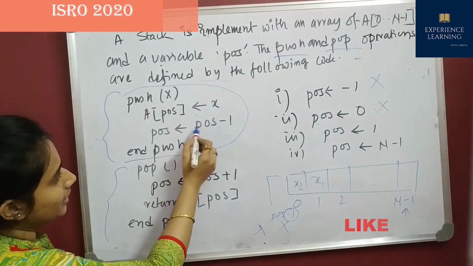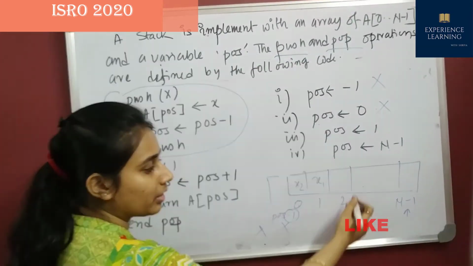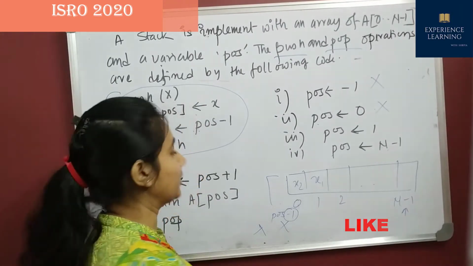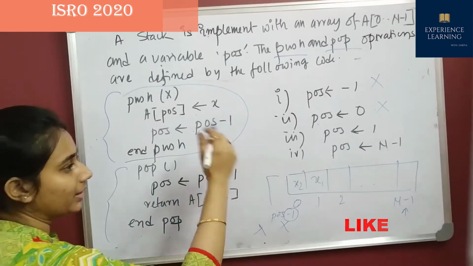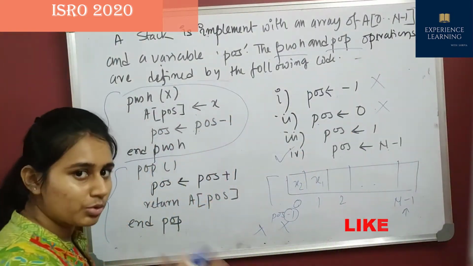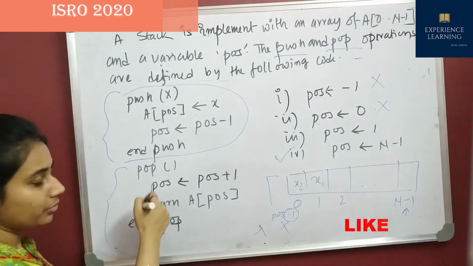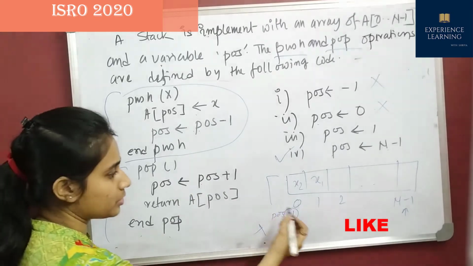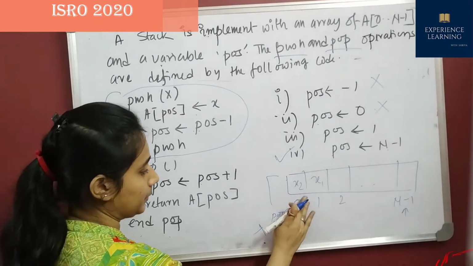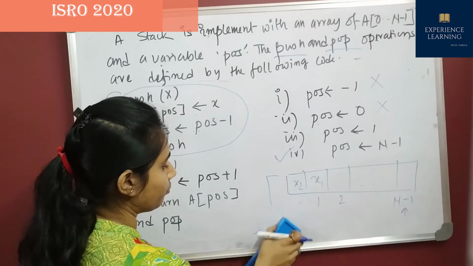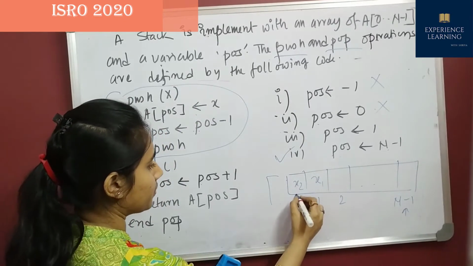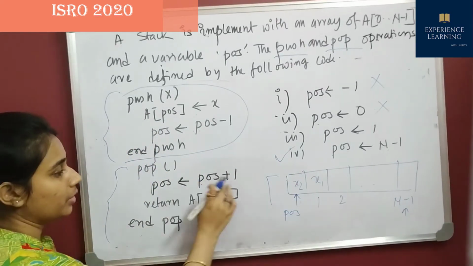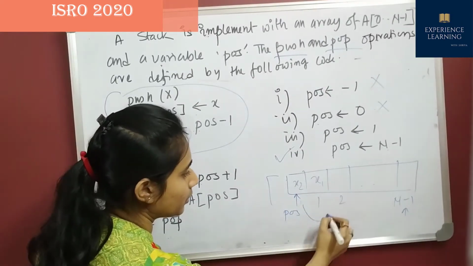Now you can see that with decrement, we are actually able to access the entire array, isn't it? So we decided this from the push operation, but you can still verify it from the pop. Here it is pop, pos plus 1. If you are going to delete, the pos is here at the last inserted element, then pos plus 1, so next it will go here.